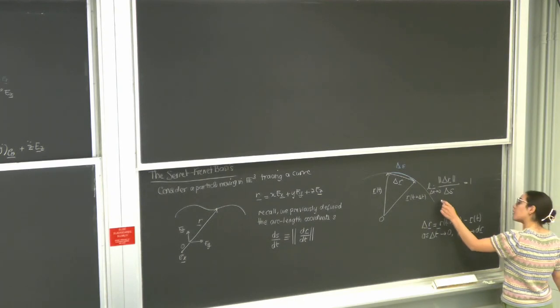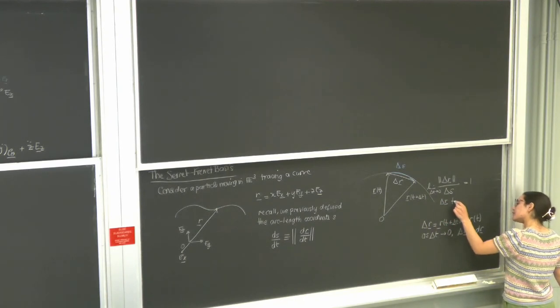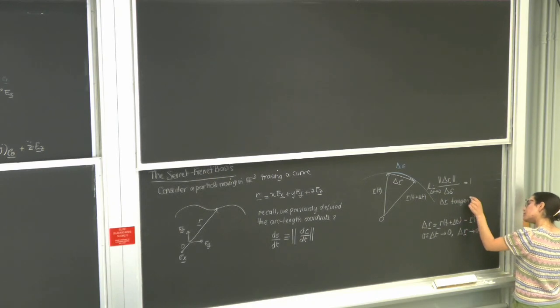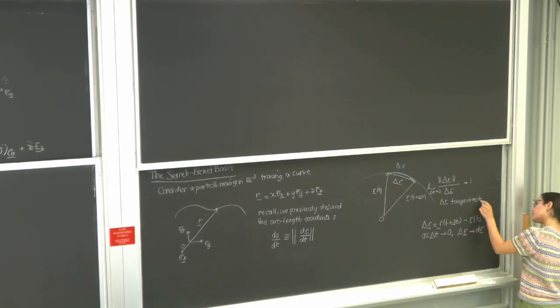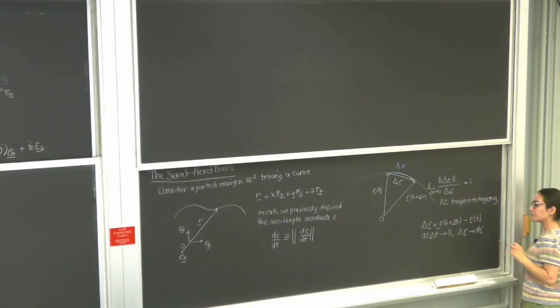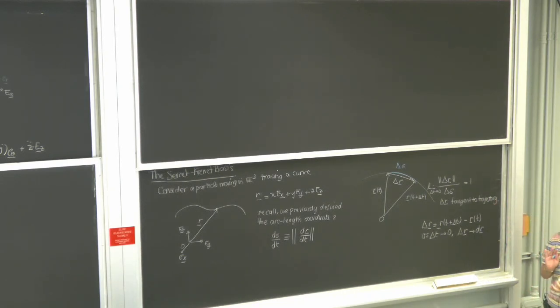So delta r is tangent to the trajectory. Okay, maybe I'll try to prepare a small animation and show you how delta r becomes tangent to the trajectory, and you can try to visualize it.